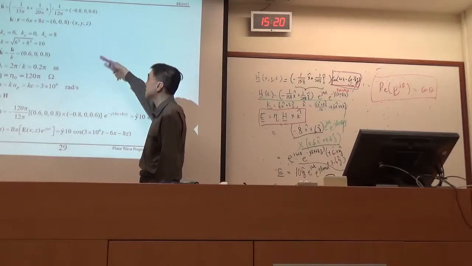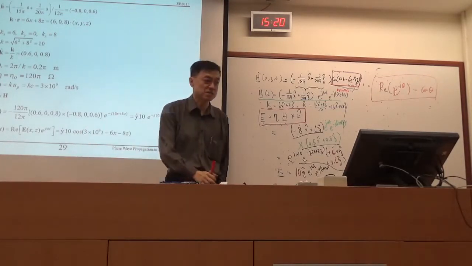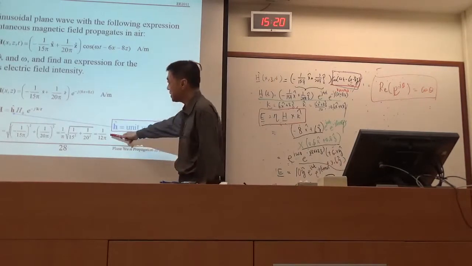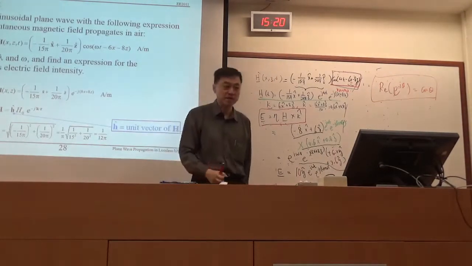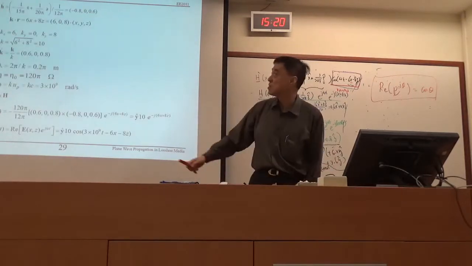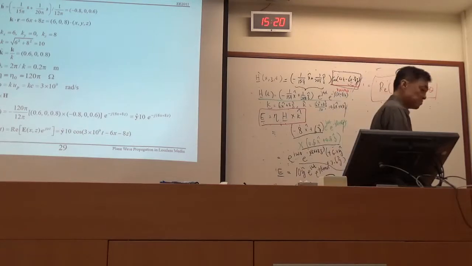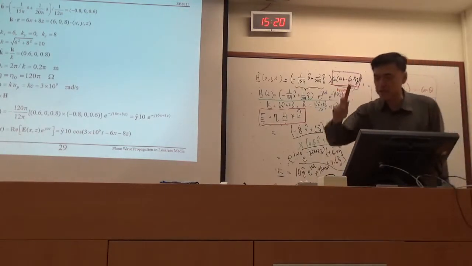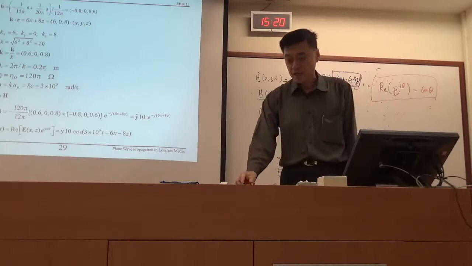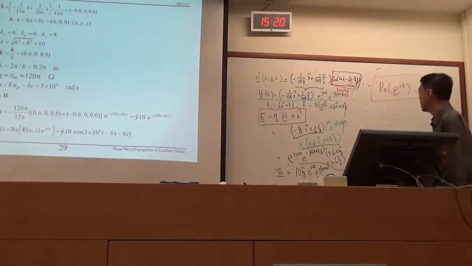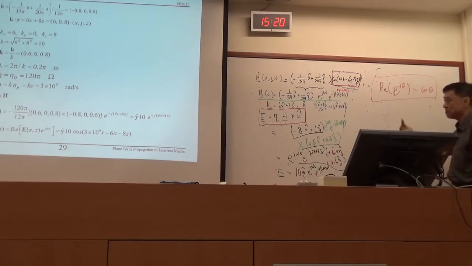There's no need to write down all these H, and no need to find H naught. But at this point, I want to give you a reminder. This is the standard form.